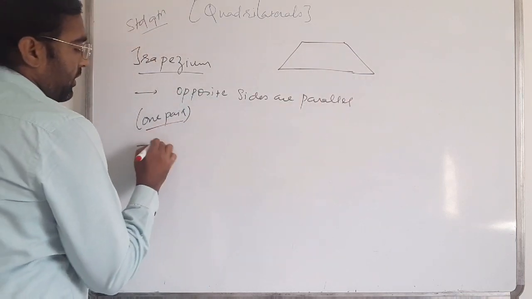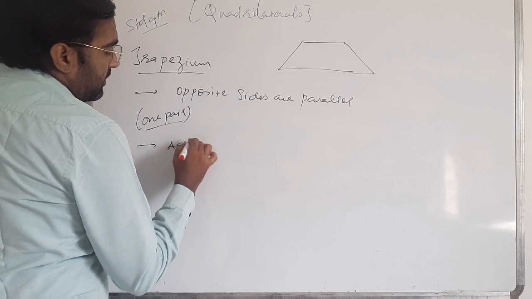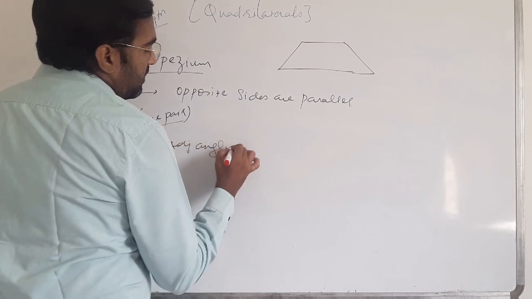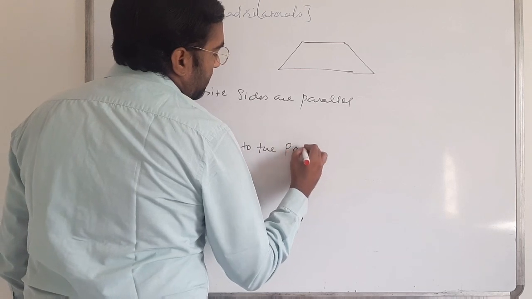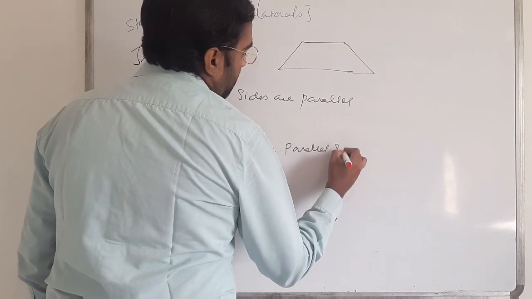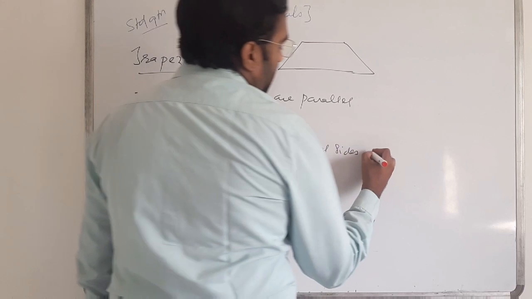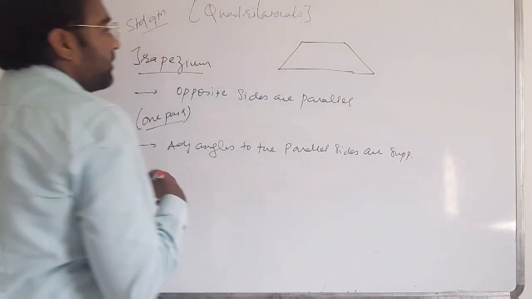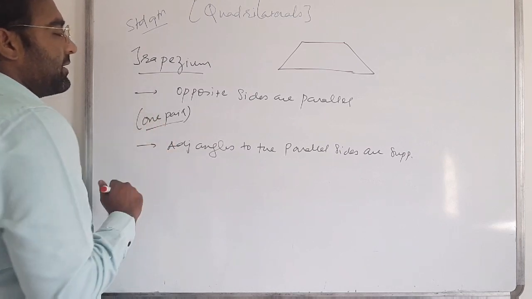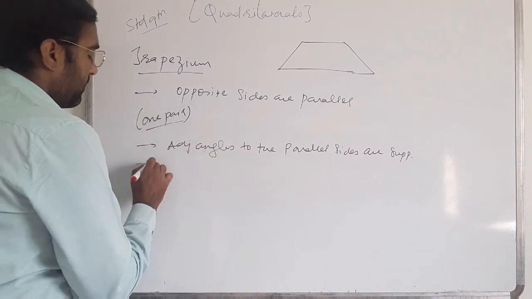And adjacent angles to the parallel sides are supplementary. Okay, clear that? This is the trapezium. Diagonals are not equal.